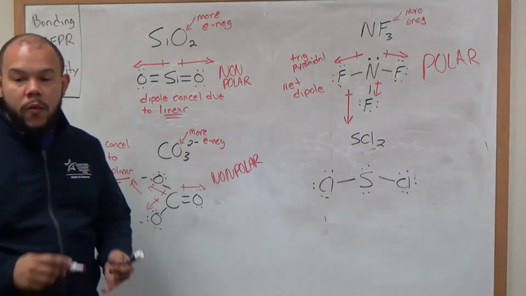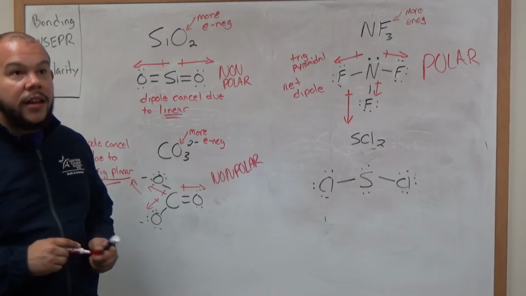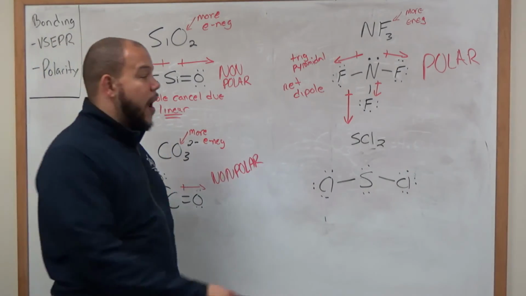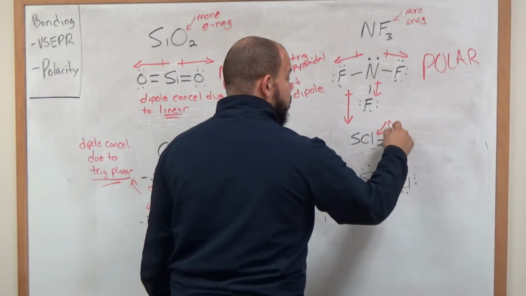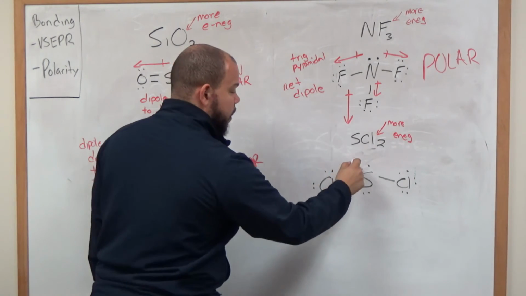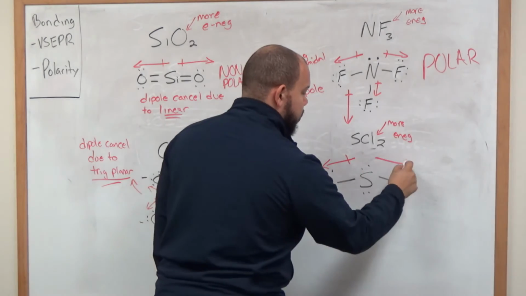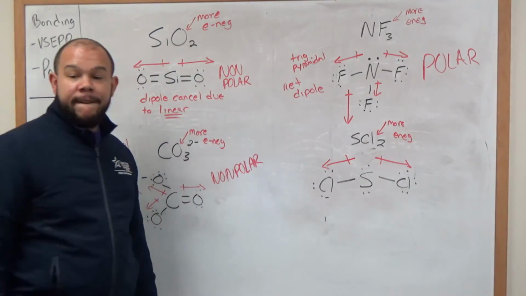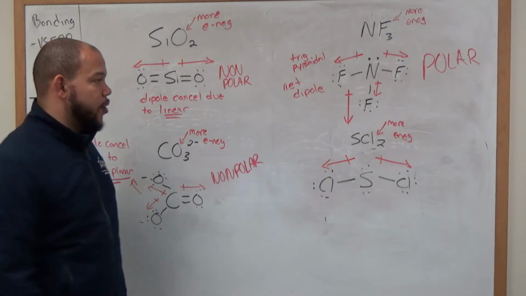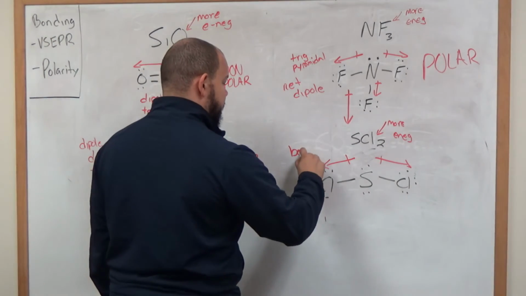Sulfur dichloride. If we take a look at the electronegativity difference, further to the right, chlorine is more electronegative. Therefore, the dipole exists towards chlorine. Based on its geometry, remember this is bent.